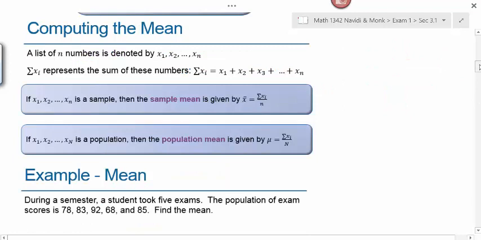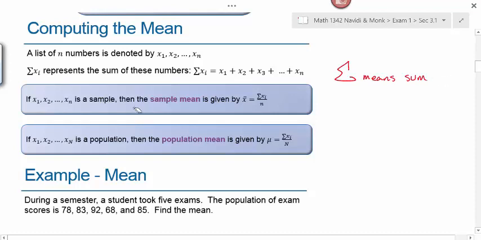Computing the mean. If you have a list of n numbers denoted by x sub 1, x sub 2, x sub 3, all the way down to x sub n, this symbol right here, this capital sigma, represents the sum of these numbers. Capital sigma means sum, and in mathematics, sum means to add everything up.